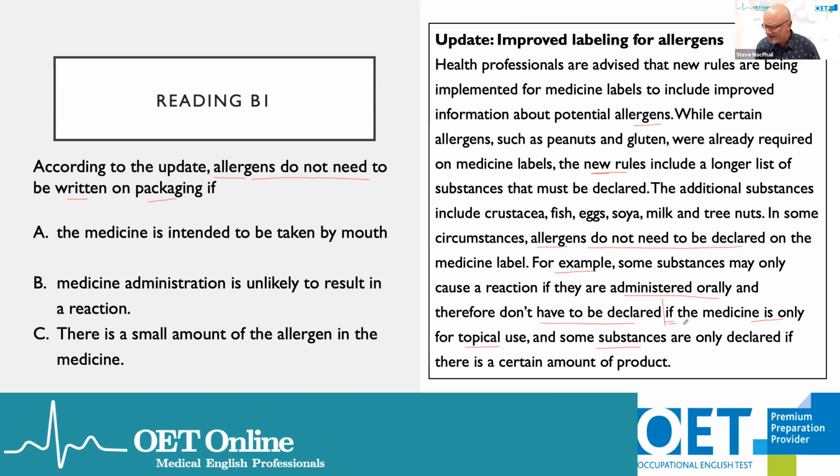It's not A, because that's only half the sentence. Don't have to be declared if the medicine is for topical use. So if you put it on your hand, on your arm, and it's not for oral use, then you don't have to declare it. What do you think the answer is, everyone?